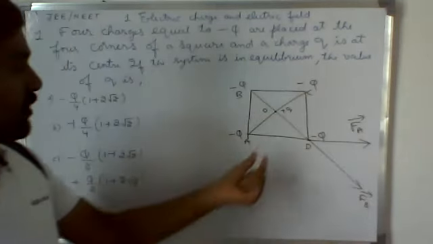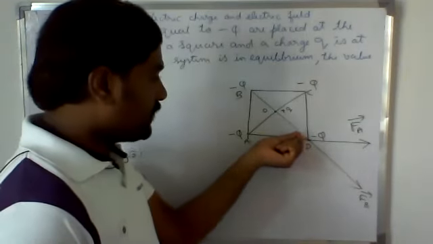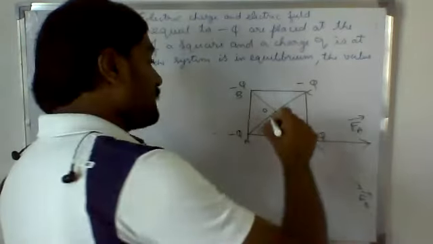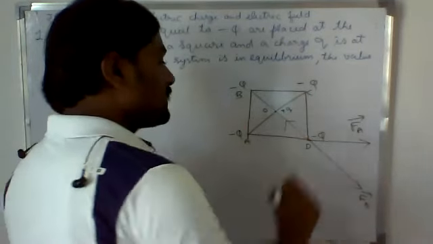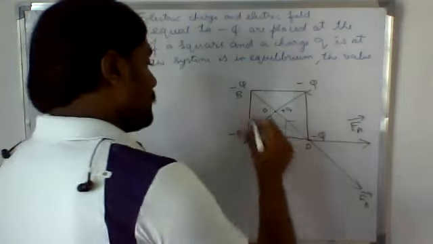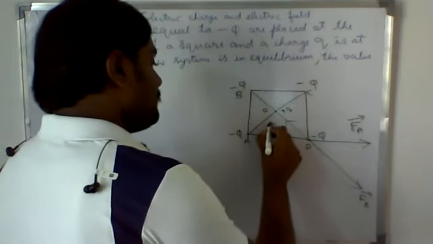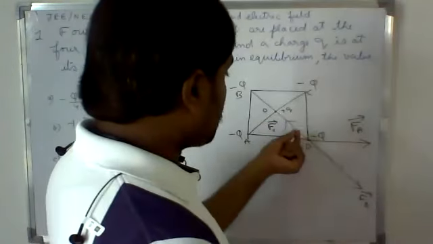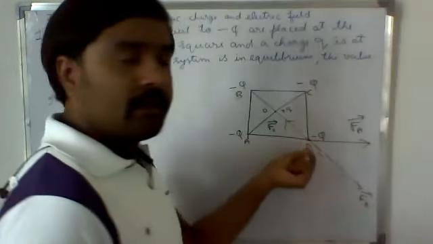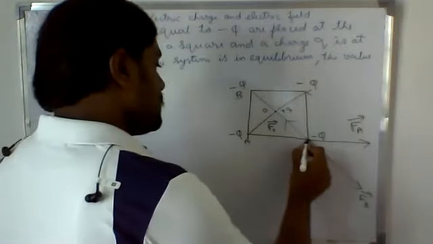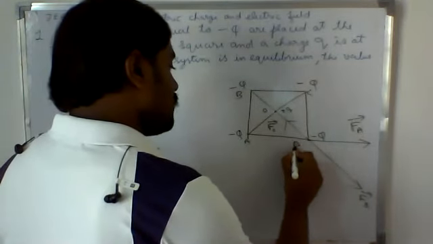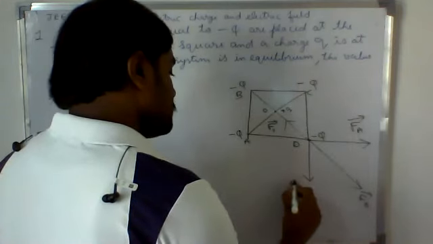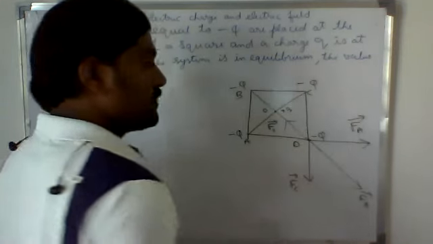The force acting on minus q at point D due to plus q at O is attractive, along the direction DO. This is the F naught vector. And the force acting on minus q at point D due to minus q at C is repulsive, along the direction CD. This is the FC vector.